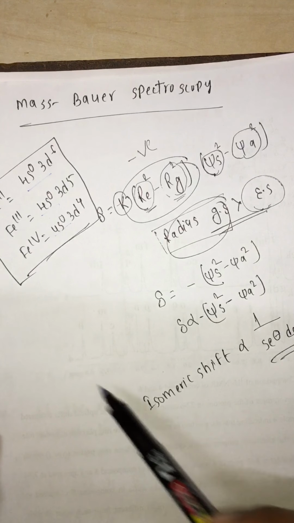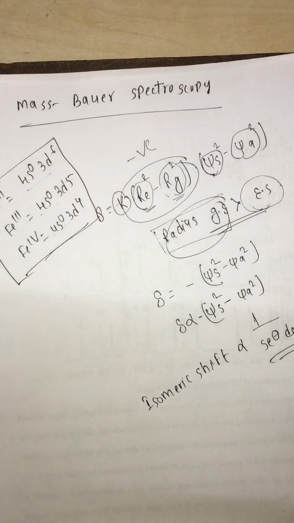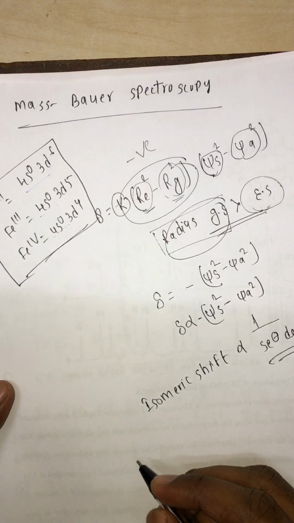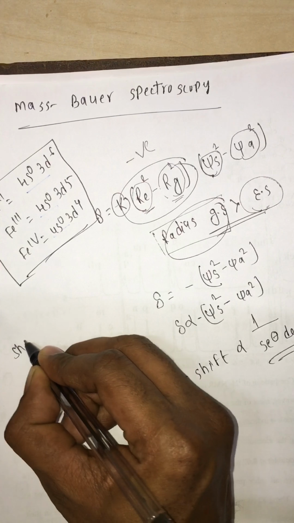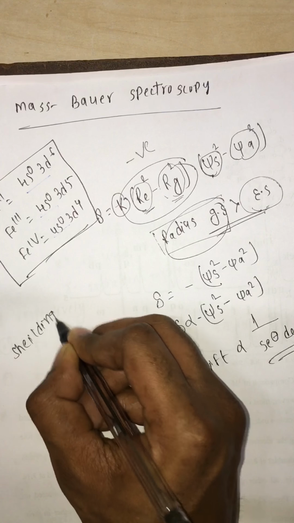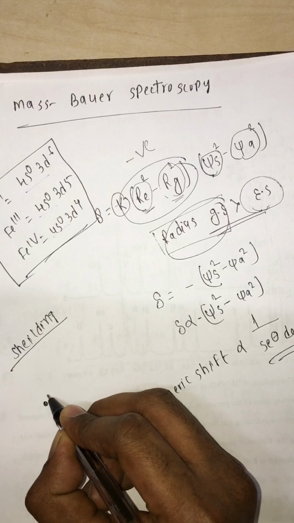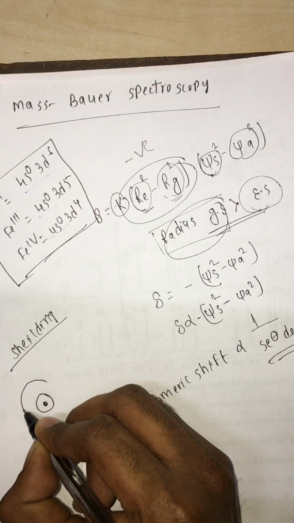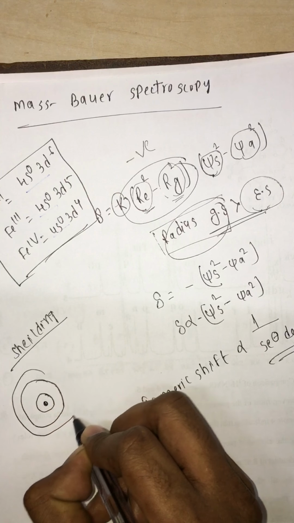Now here we have d electron density. From d electron density also we can predict the isomeric shift values. How? Here we will take the shielding concept. This is the nucleus; here s electrons are there, then p electrons and d electrons.